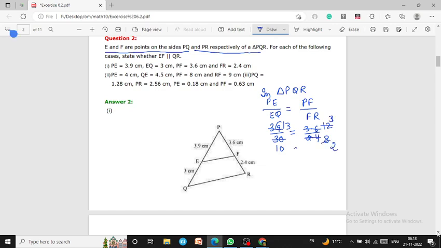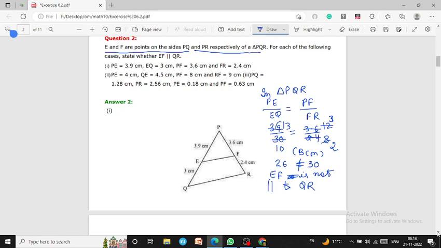After cross multiplication we get 26 equal to 30. This is not equal, so that's why we can say that EF is not parallel to QR.